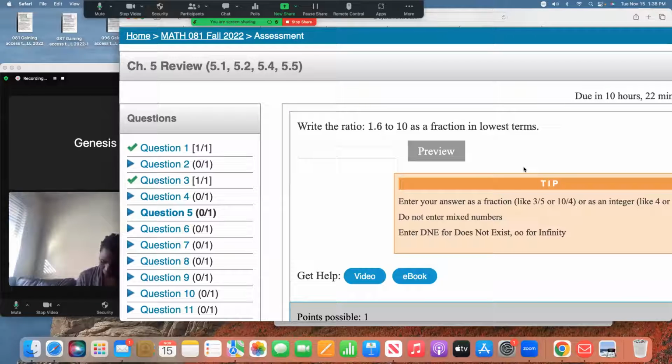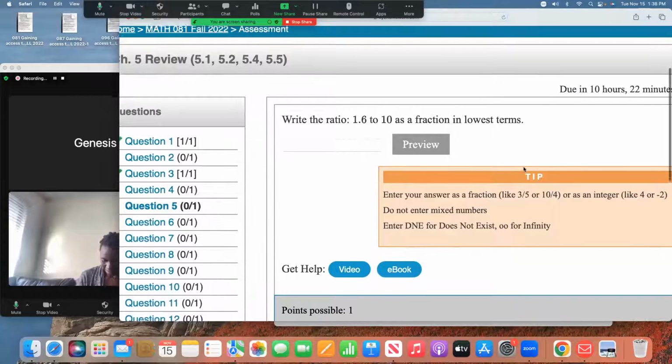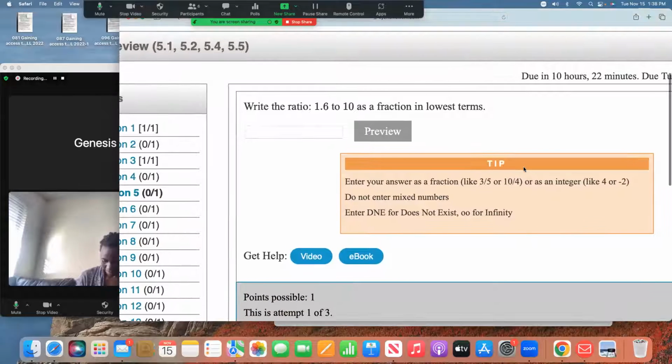Any question? Now, will that give me the right answer, or are they going to mark me wrong? It's not reduced. 16 over 100, they're both even, so at least they divide by 2.